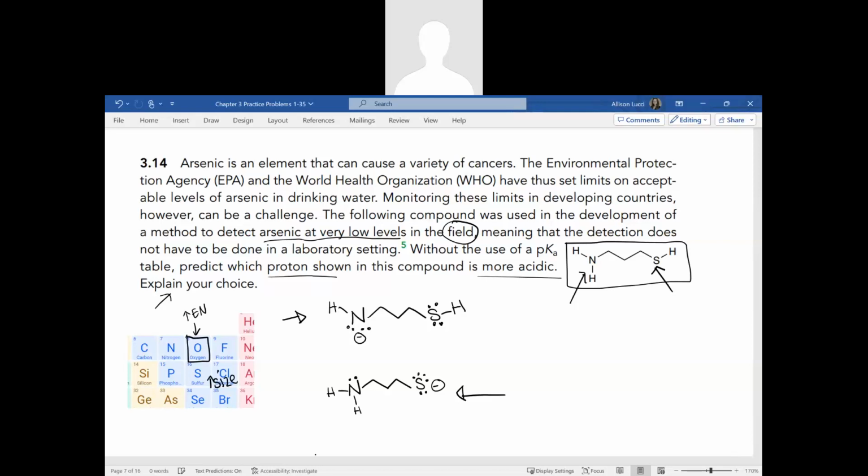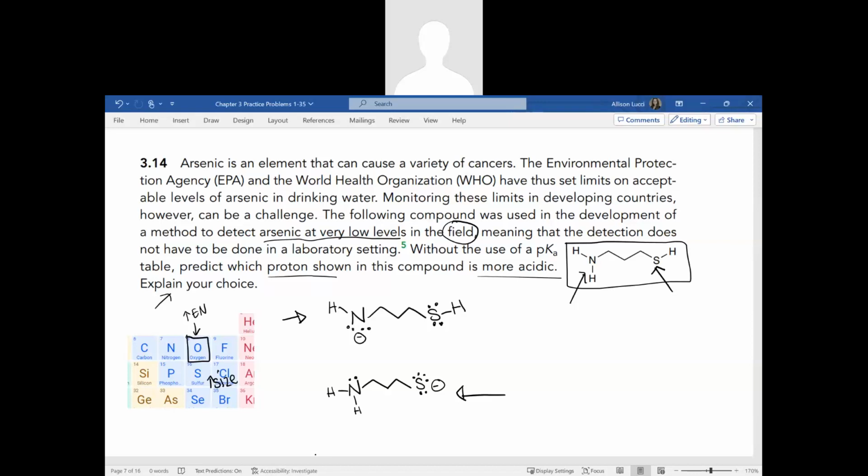So for both these reasons, oxygen would be better than nitrogen at stabilizing a negative charge after deprotonation due to its electronegativity. And sulfur would be better than oxygen at stabilizing a negative charge due to its larger size. So we could deduce through these two comparisons that sulfur must be more capable of stabilizing a negative charge than nitrogen.